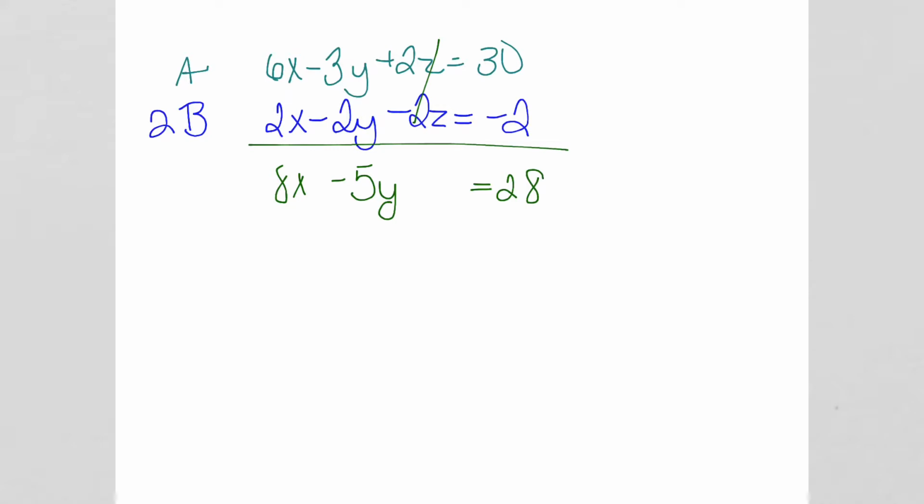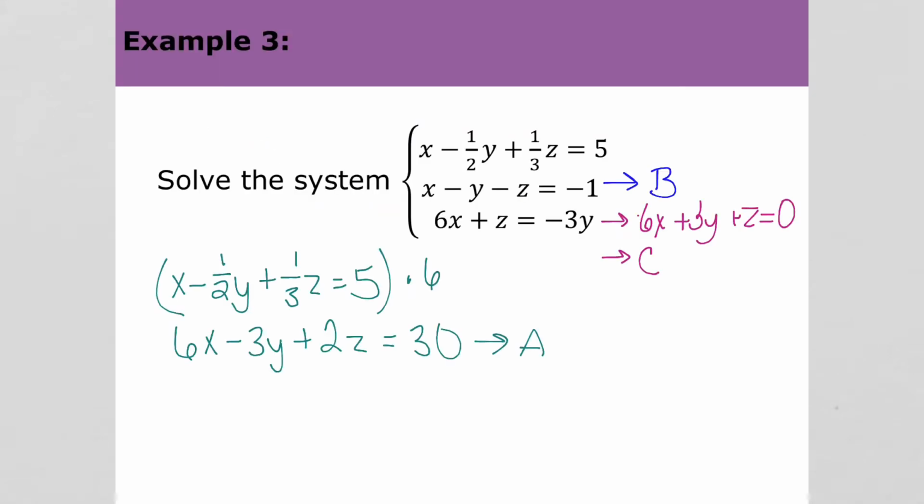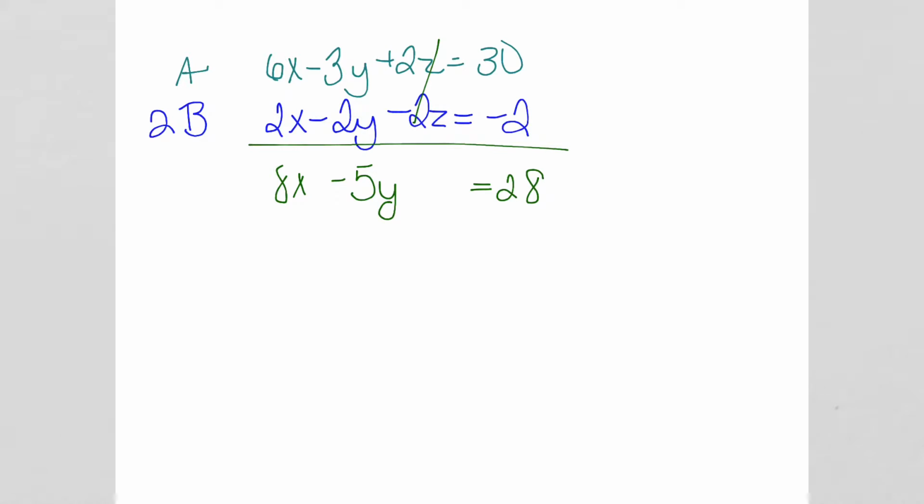For the second one, we also have to get rid of the z. And if we just take B and C, if you'll look, we've got a negative z and a positive z there. So that's a good thing. So we'll take B, which was x minus y minus z equals -1, and C, which is 6x plus 3y plus z equals 0.